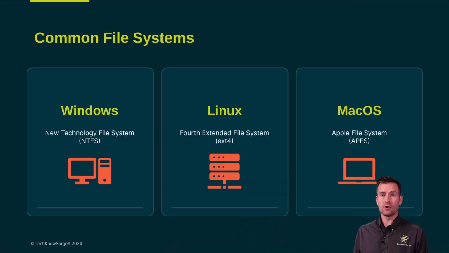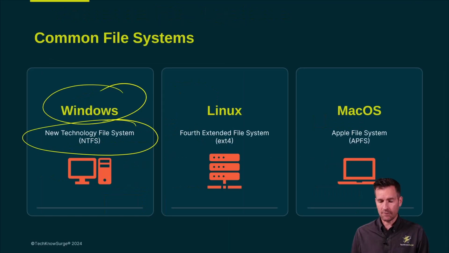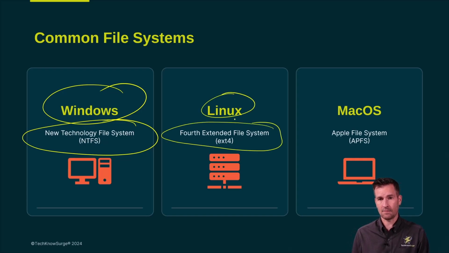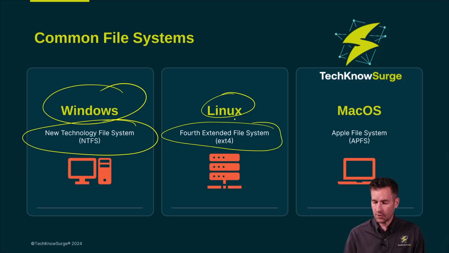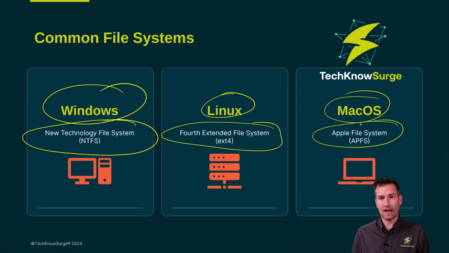How you format your different hard disk drives and other devices largely depends on what operating system you're using. For instance, if you're using Microsoft Windows, then you're probably using something like New Technology File System, or NTFS. If you're using Linux, then maybe you're using the fourth extended file system, or ext4. If you're using macOS, then perhaps you're using the Apple File System, or APFS.